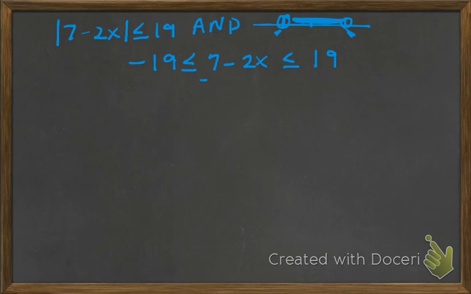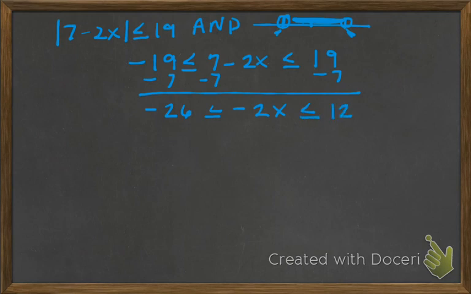So I want to undo the positive 7 in the middle, so I need to do it to all 3 parts to maintain equality. This is negative 26 is less than or equal to negative 2x is less than or equal to 12. Now we need to divide by negative 2.